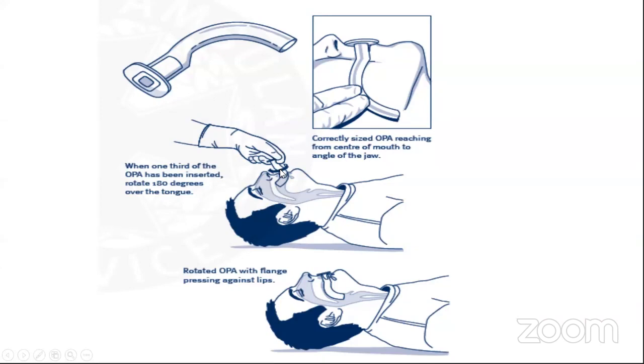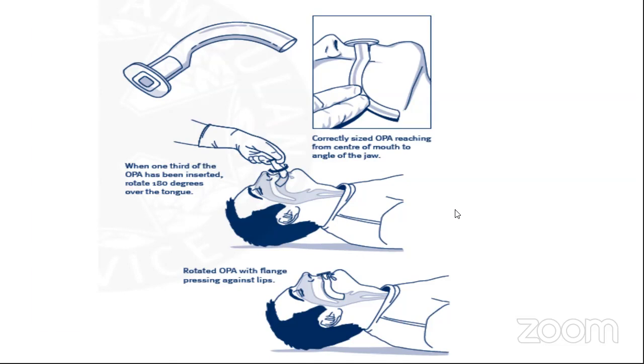However, we insert it the other way around, in the opposite direction, until you hit the hard palate, as you can see here in this drawing. Once you hit the hard palate, you start rotating while pushing forward. And the reason for that is that you want to avoid the tongue. You want to get away or be far from the tongue so that it doesn't interfere with your insertion.